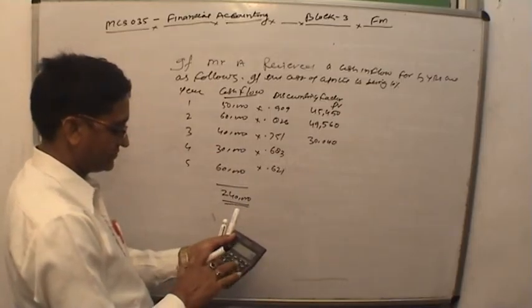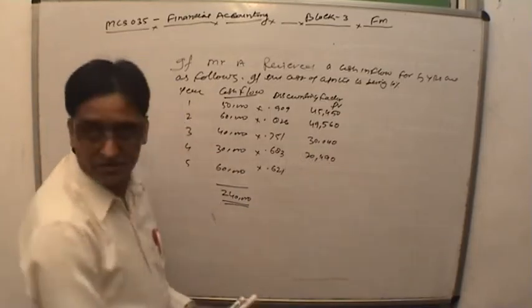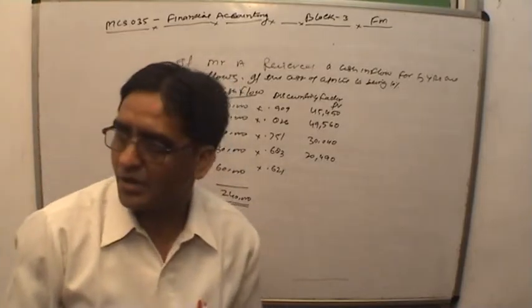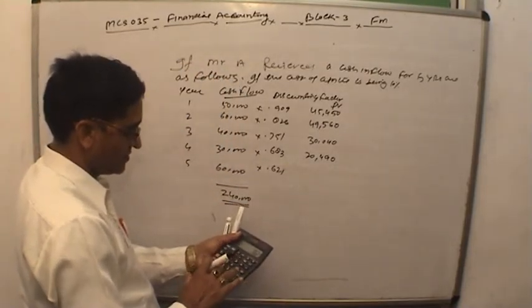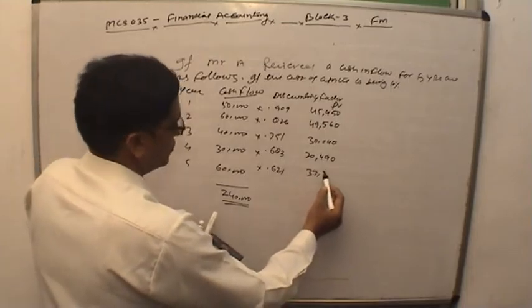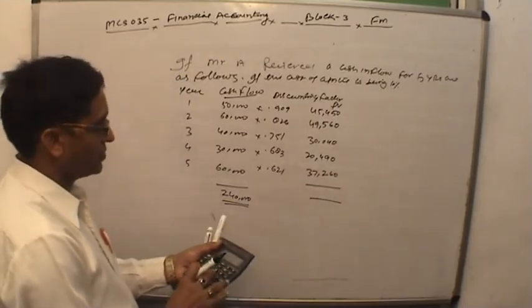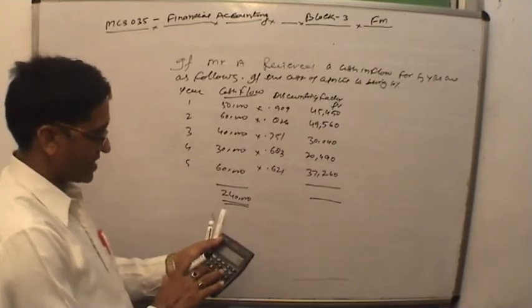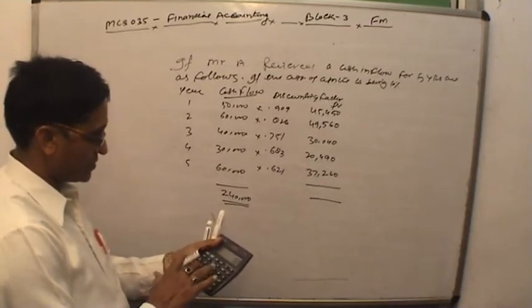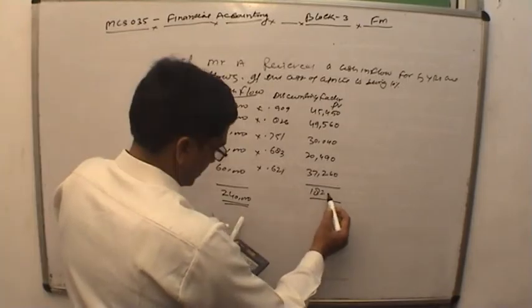Then 30,000 multiplied by 0.683 is 20,490. After that, 60,000 multiplied by 0.621 is 37,260.